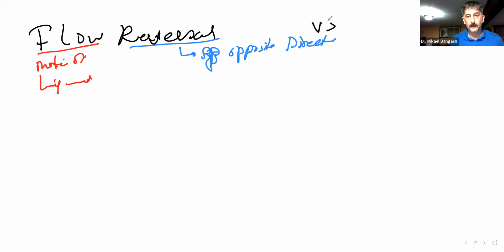We'll have to differentiate this from aliasing. Now, girls, just look at it in this way.